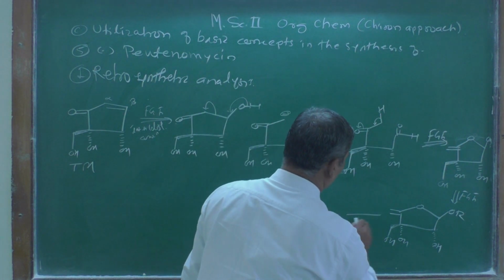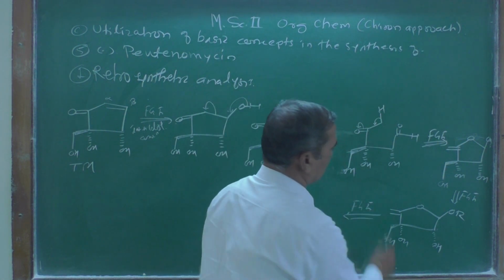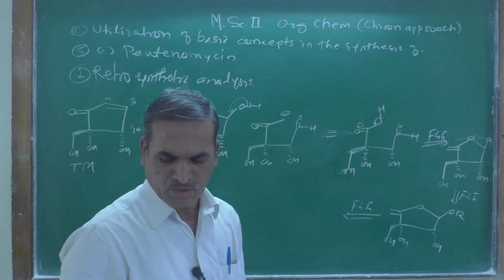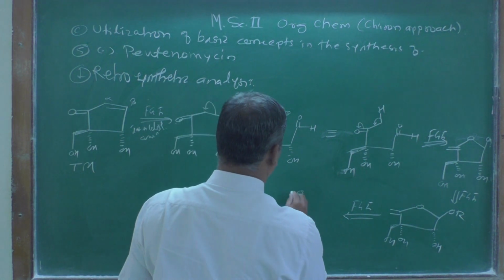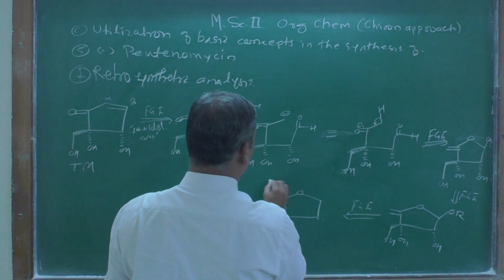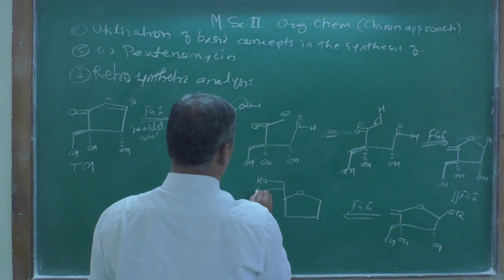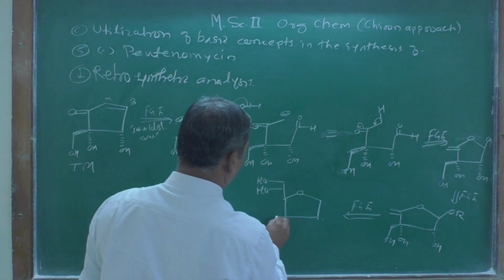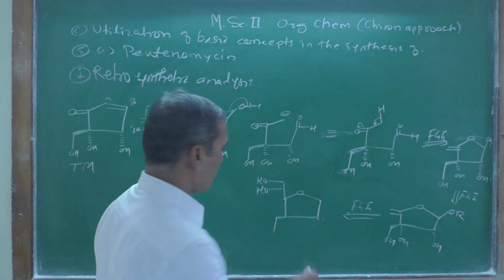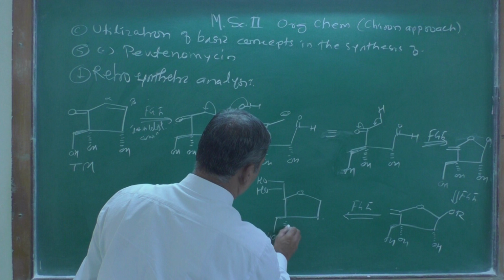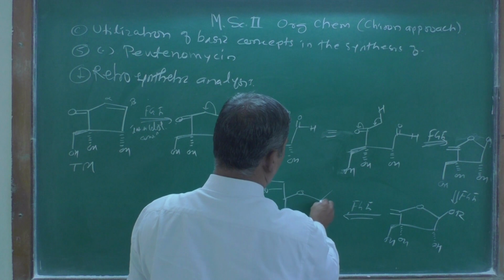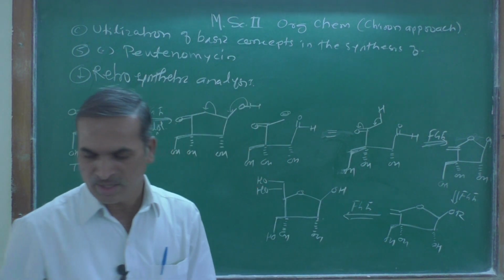And after that again do the FGI, functional group interconversion. After doing the functional group interconversion, you can convert this group into a hydroxy functional group, and other things remain as they are. You can put both hydroxy groups below the plane, and here we write OH as it is.